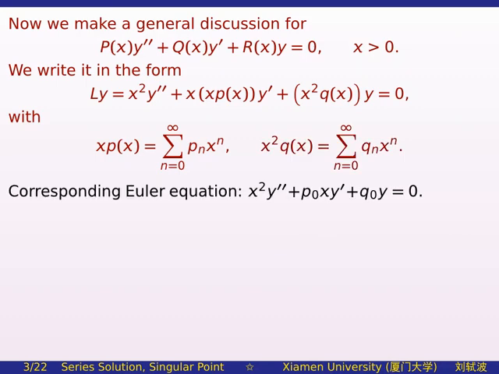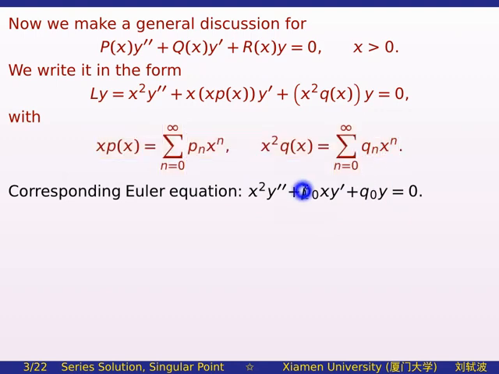Okay, so the corresponding Euler equation of our original linear equation is this equation: x squared y double prime plus p0 x y prime plus q0 y. Here p0 and q0 are the zero order terms in the previous power series expansion of the coefficients.